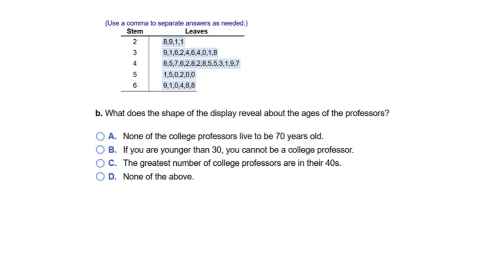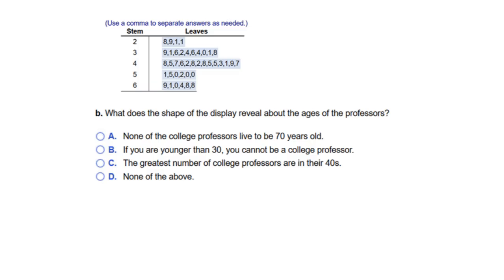A is none of the college professors lived to be 70 years old. All right, it didn't say anything about survival or living, so that's not anything that we would be looking at. B is if you are younger than 30, you cannot be a professor. And you can see that we have some professors in the 20s, so that is not the case either.